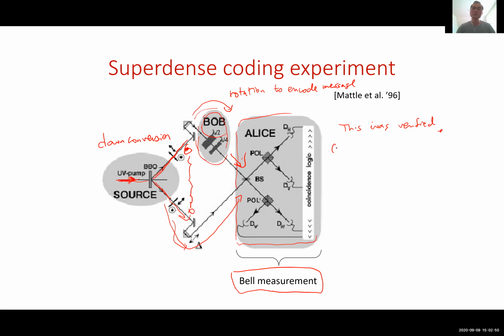But I want to point out that in the simplest setup, using linear optics, actually Bell measurement has a success rate of only 50%.